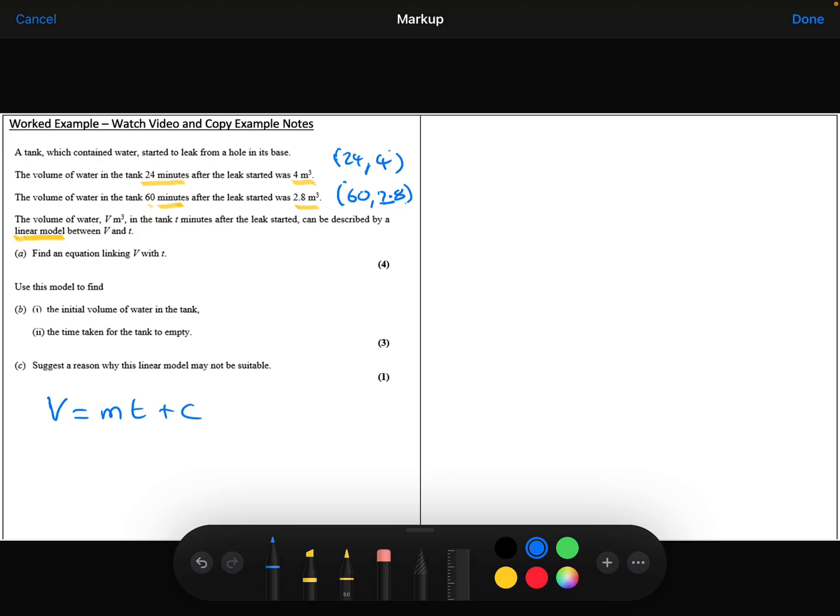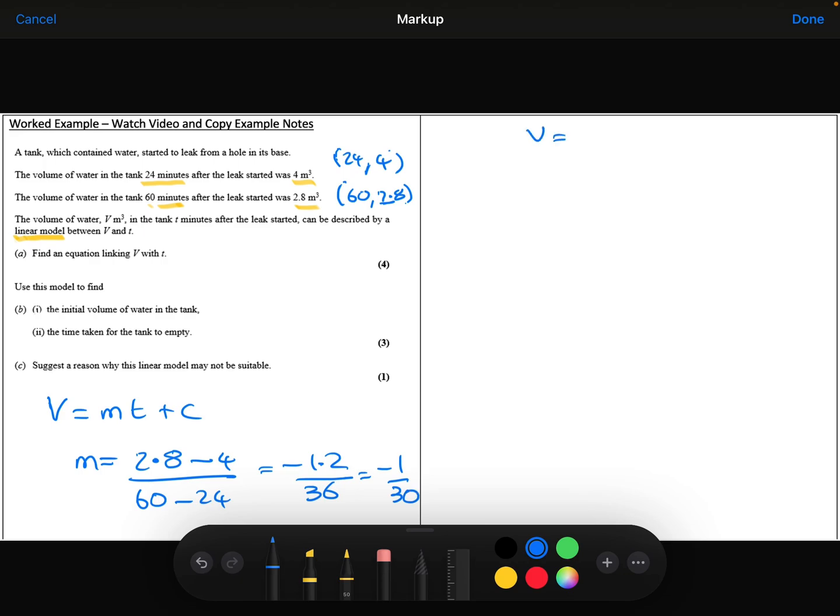So my gradient then, m, will be the change in v divided by the change in t. Which gives 1 over 30, or minus 1 over 30.